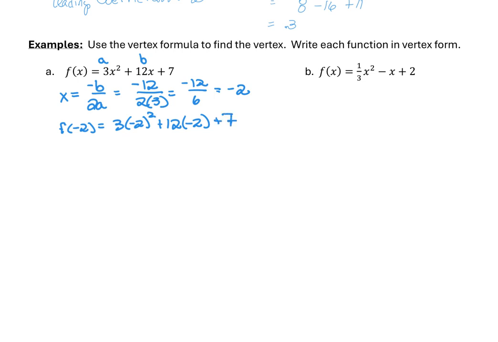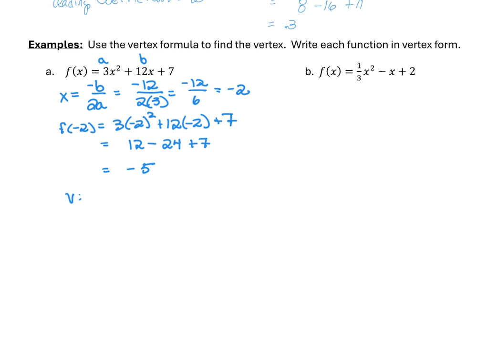If we square negative 2, we get 4. And if we multiply 4 times 3, we get 12. 12 times negative 2 is negative 24 plus 7. And when you simplify this, you should get negative 5.